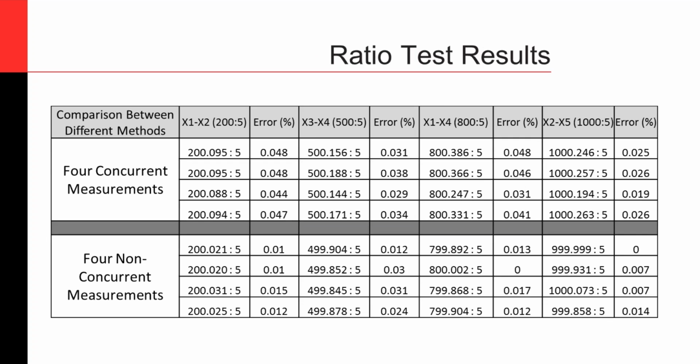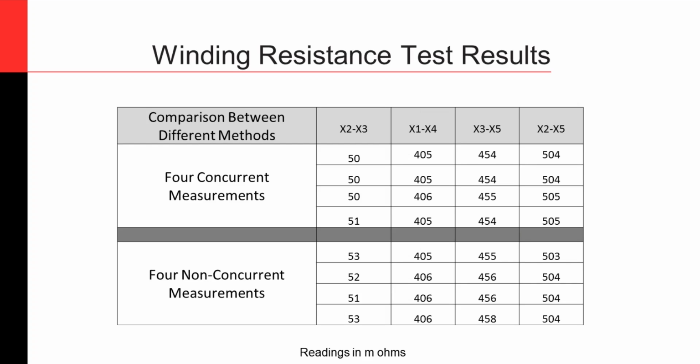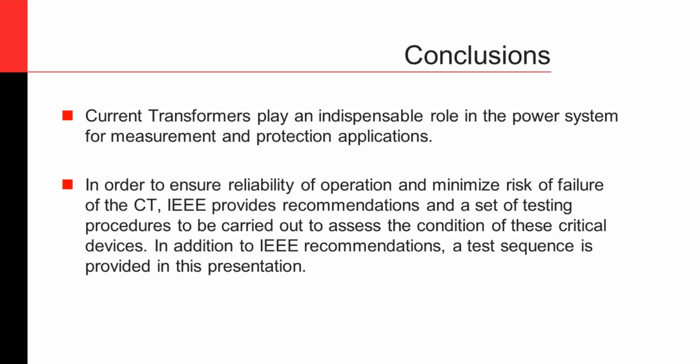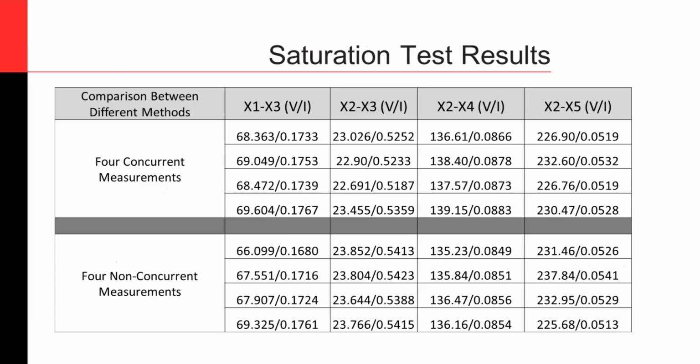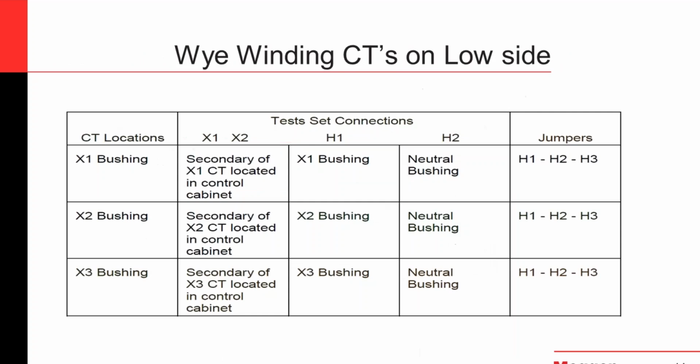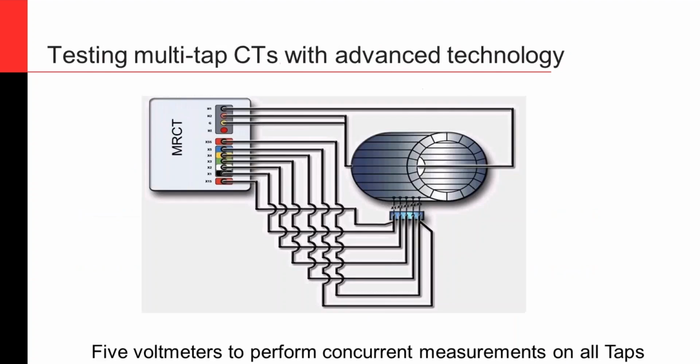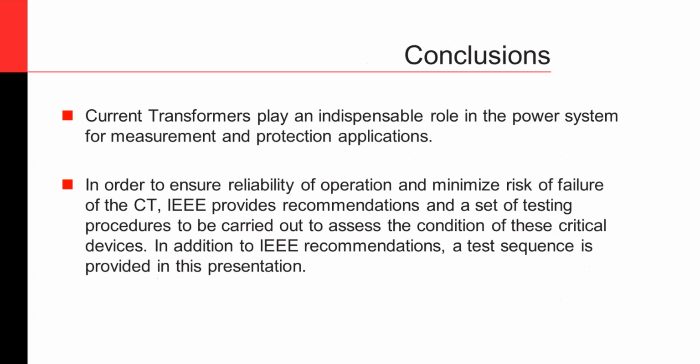If you see, the ratio error is less than 0.0, or somewhere in the 0.001 or 0.01 range. That's negligible. We did the winding resistance test as well, and we didn't see much of a change in there. So we pretty much did all the tests here with non-concurrent and concurrent methods, and did not see any changes.